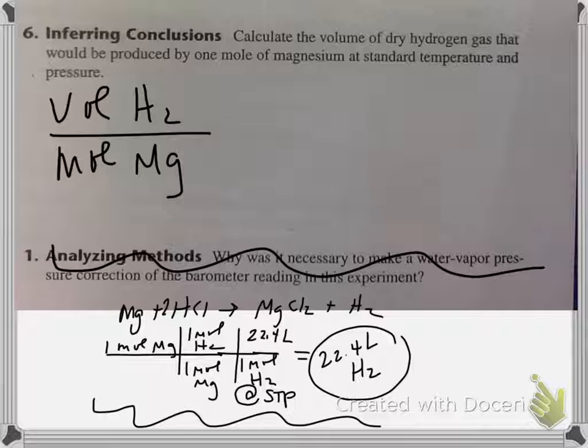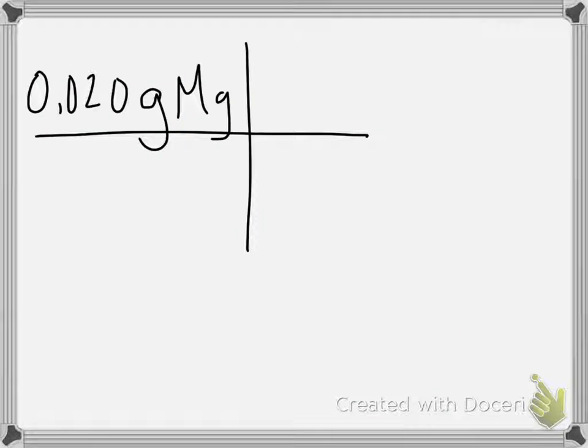So, if you take the volume of hydrogen gas that you produced at STP, dry hydrogen, which you've calculated, and you take the number of moles of magnesium you used, what you should get is the volume of hydrogen gas that you would produce at STP. You're going to compare that to the 22.4. How good are you? Go. Right, so we're going to do a sample problem.